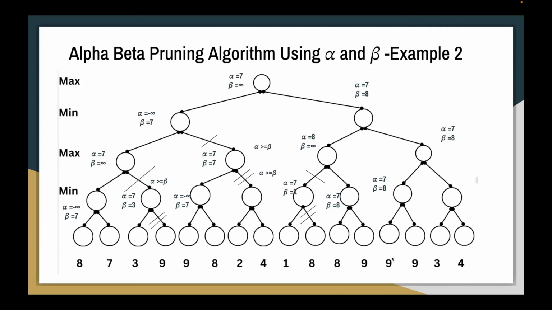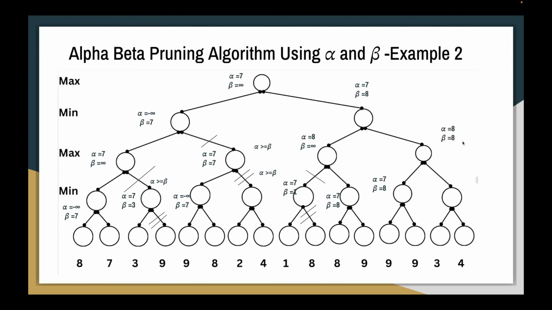Minimizer, so 8 will be taken. Again when it compares to 9, the same 8 will be taken. Now these values will be passed. This is the maximizer, so the maximum of 7 and 8. In this, 8 is the maximum value, so now alpha will be changed to 8.